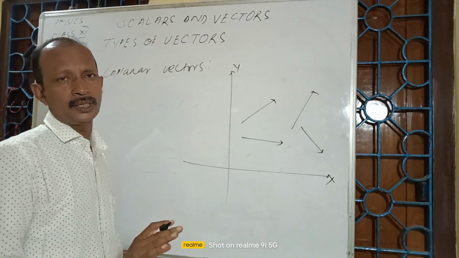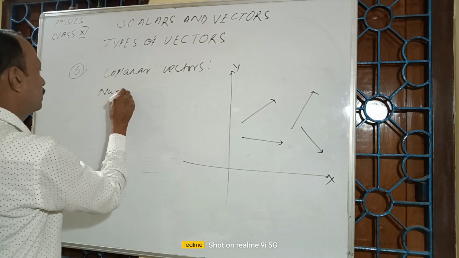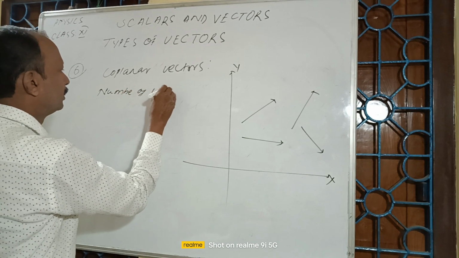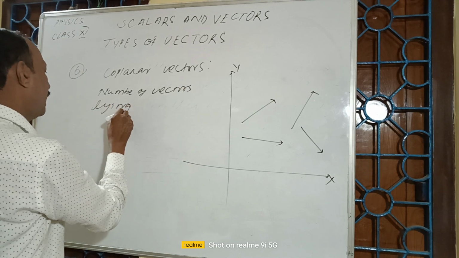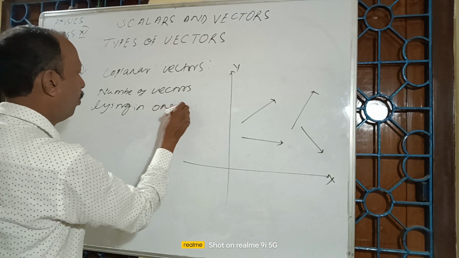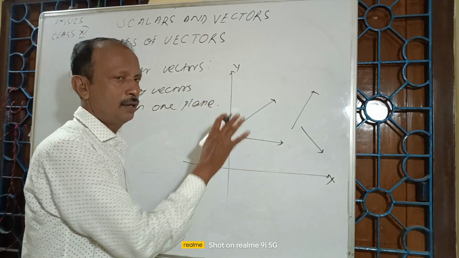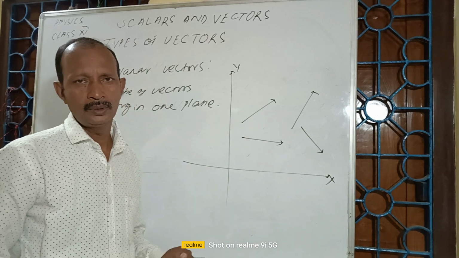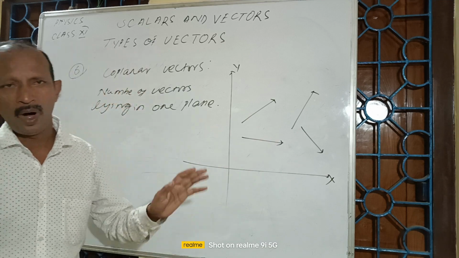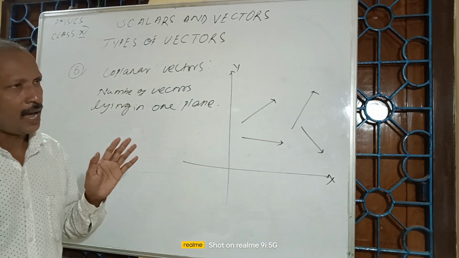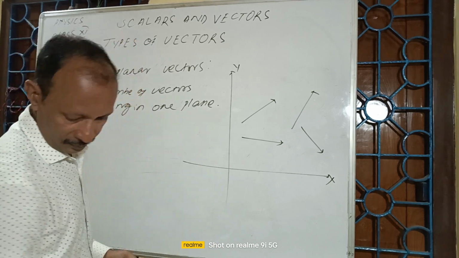A number of vectors are there. So I can say that a number of vectors lying in one plane. You can see that here this is the plane of the whiteboard. All are present in one plane. We say they are coplanar vectors.